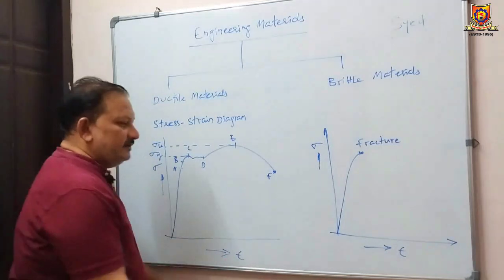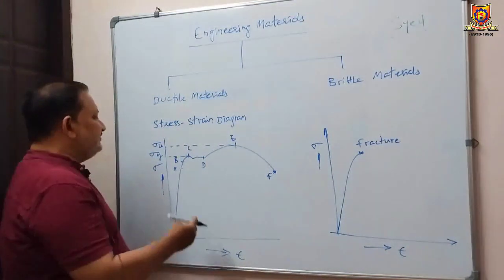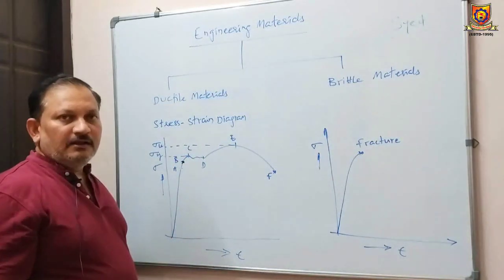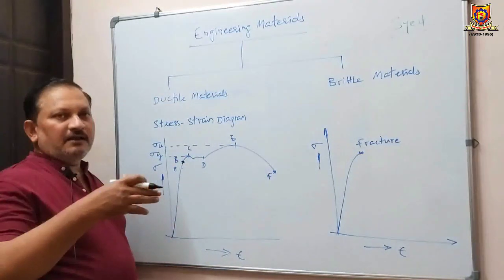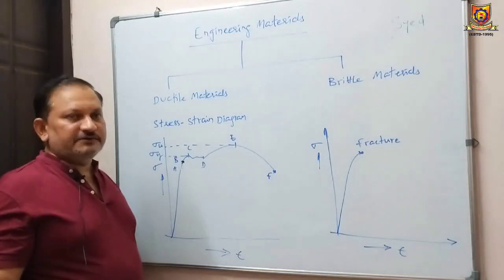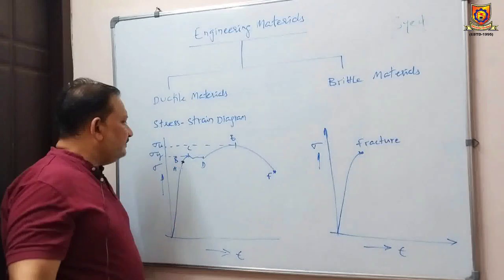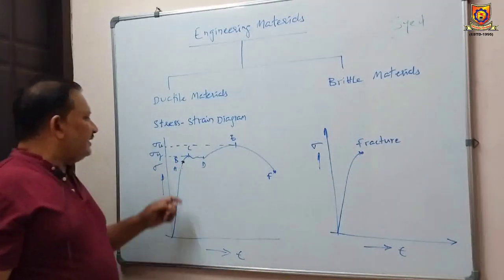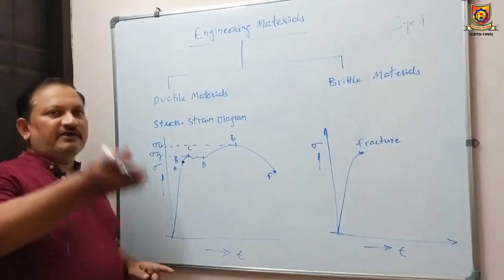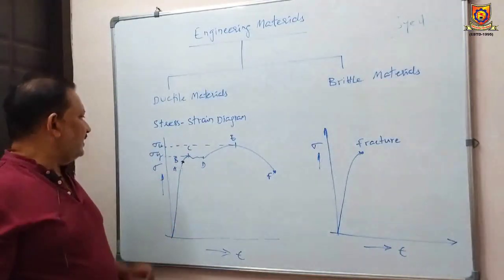The next point, B, is the elastic limit. At this point, when you remove the load, the material goes back to its original shape. That point is called the elastic limit, where the curve slightly deviates from its straight line position to a curve.